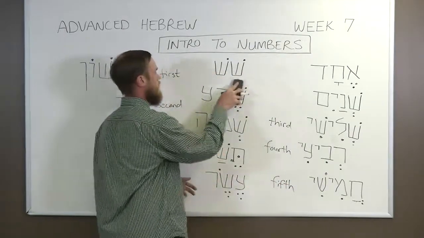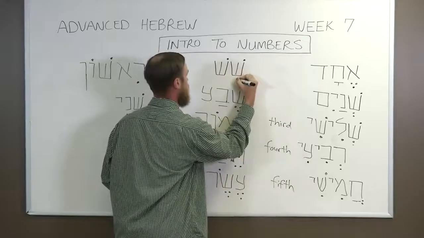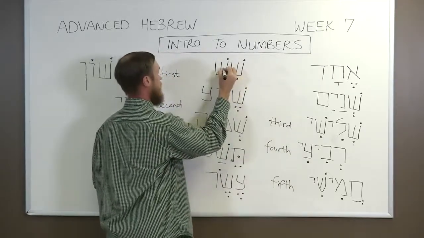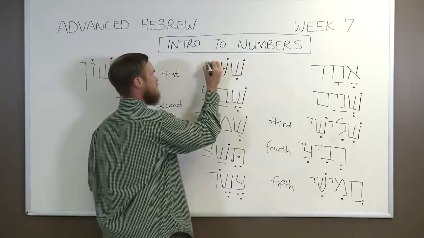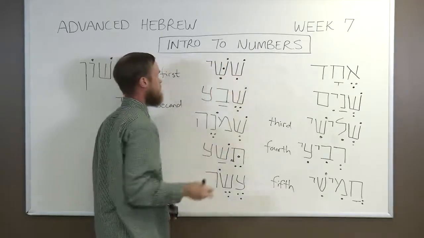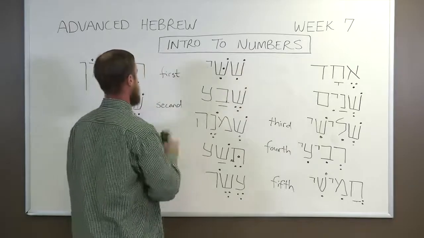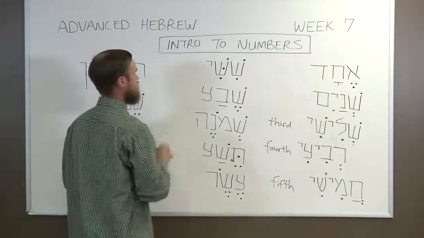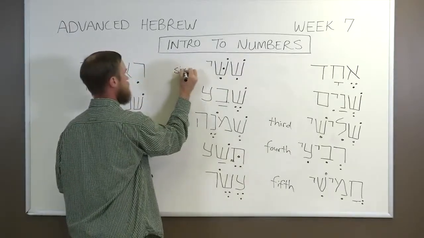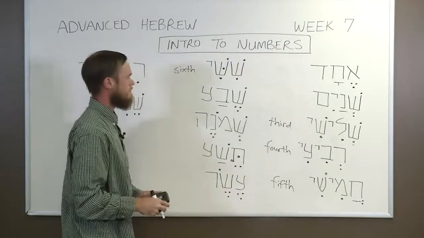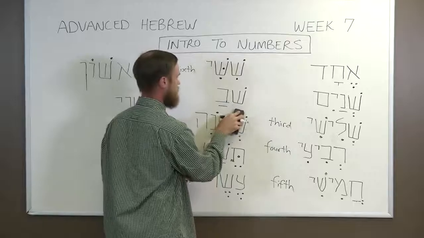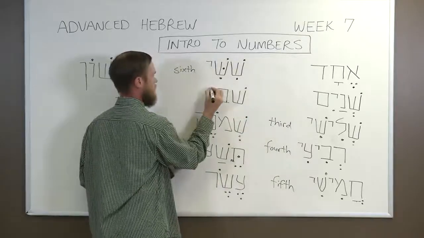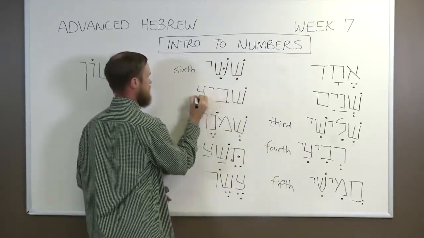Sixth, instead of adding a yod, sixth just puts a dagesh in the second shin. Shishi, sixth. All right. Shvi'i for seventh. And so on.